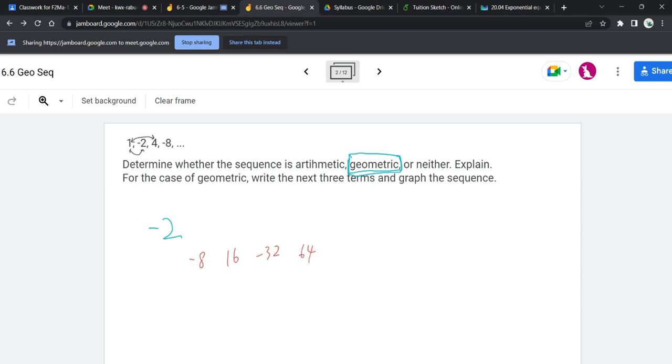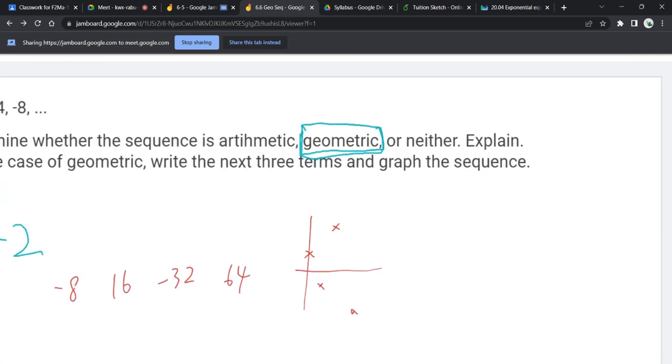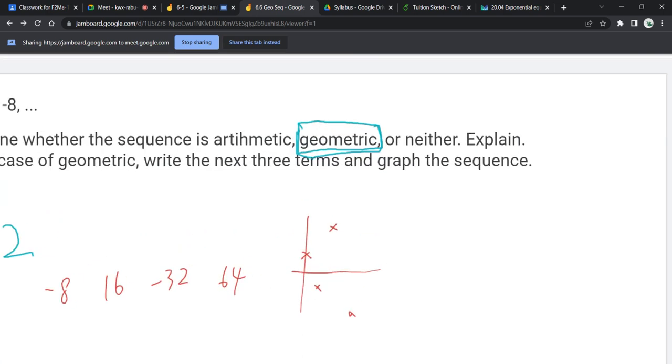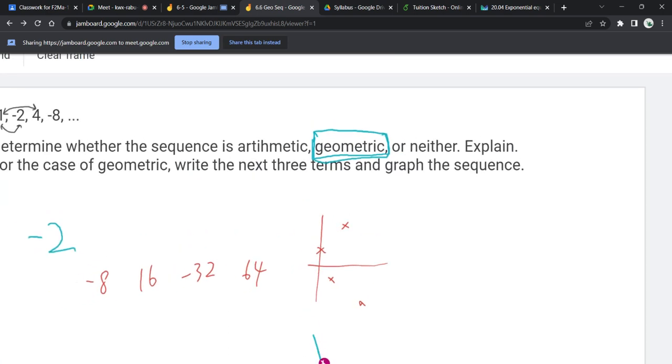While actually to graph this one, maybe it is something like this. So we have 1, and then negative 2, 4, and then negative 8. But we cannot graph it out. I mean, we cannot write out the function, but we know that it's something like, yeah.